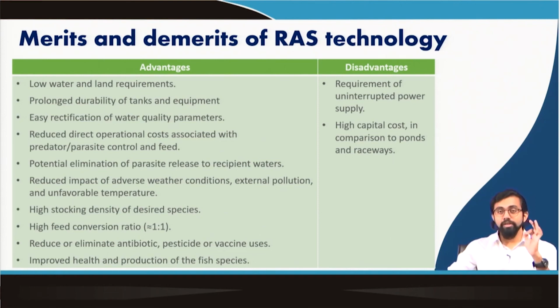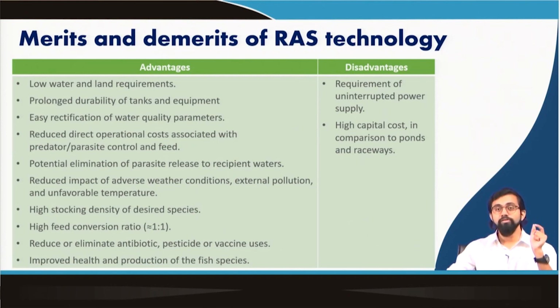If it doesn't, what will happen if even for a few minutes the aeration system stops working, or the feeder is not working for 1 hour, 2 hours, 3 hours? Depending upon the species and the maturation stage, it can cause a drastic effect in your system. It can cause complete loss of your aquatic output from your farm.